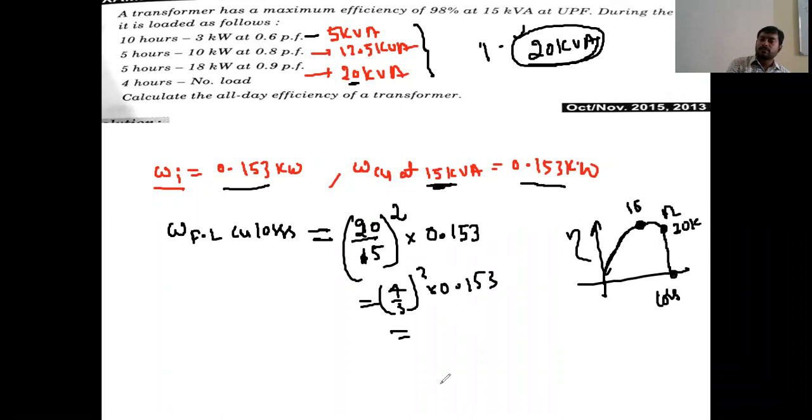After solving this, we get the full load copper losses as 0.272 kilowatts.